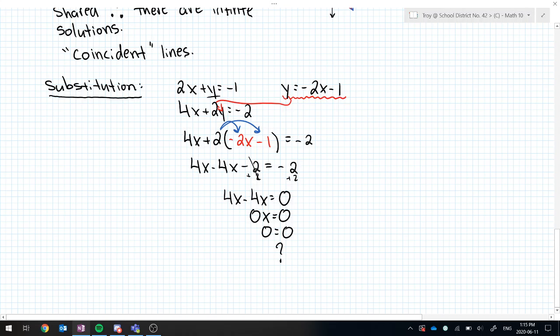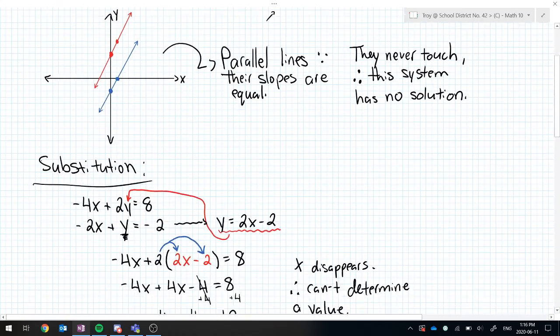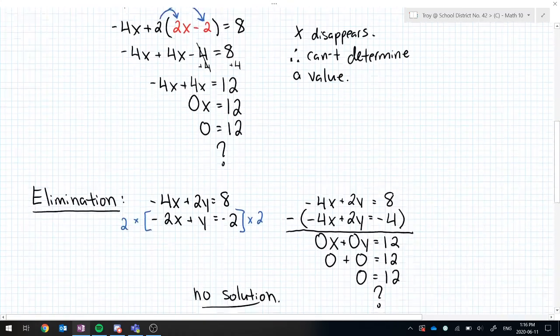So again, the same thing happens. Our x variable cancels out, or if we substitute it in for x, our y value would cancel out. But the point is, we don't have any leftover variables. They cancel out. We don't get a value for either x or y. But there's a key difference here compared to the last example. In our first example, where we had parallel lines when there was no solution, we ended up with an untrue statement.